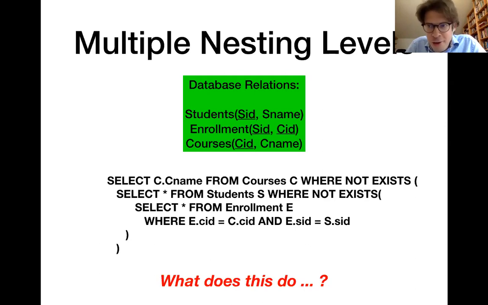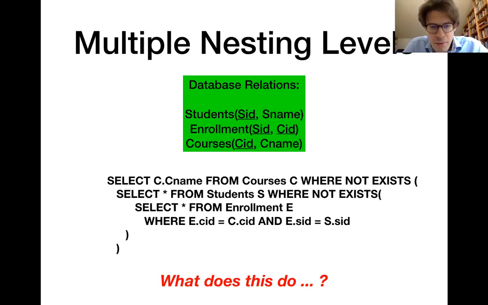All right, so let's have a look at this. Let's maybe start with the innermost subquery. What we're doing here is looking at the enrollment information, which links students to the courses that they are enrolled in. The student as well as the course have been fixed in the outer queries currently. So here I'm essentially checking whether some enrollment information exists for the currently selected course and for the currently selected student.